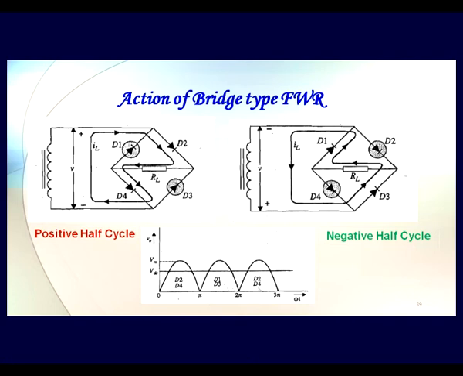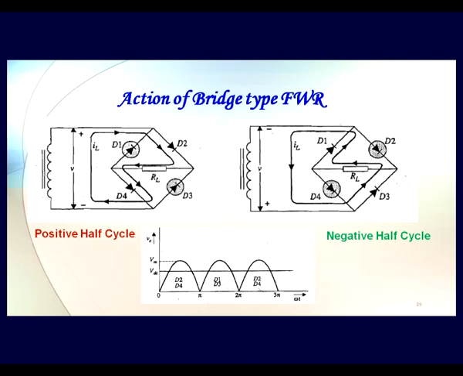In the negative half cycle, we are going to have a voltage where D2 and D4 are reverse biased, and this positive voltage from the lower part of the secondary is going to pass through D3, through RL, through D1 and back to the secondary. Now in both cases, the direction of current, if you see, is from right to left in RL.